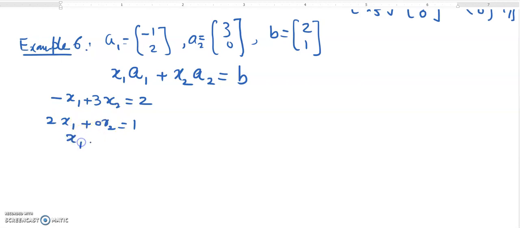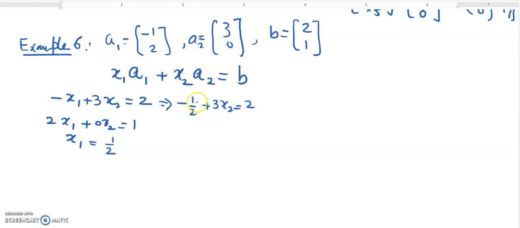The second equation gives x1 equal to 1 by 2. Putting x1 equal to 1 by 2 into the first equation, we get minus 1 by 2 plus 3x2 is equal to 2.